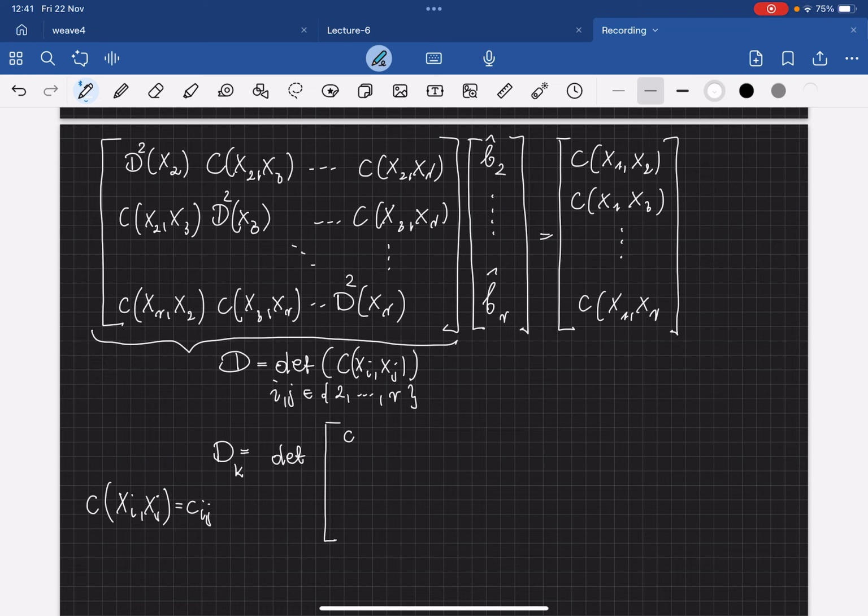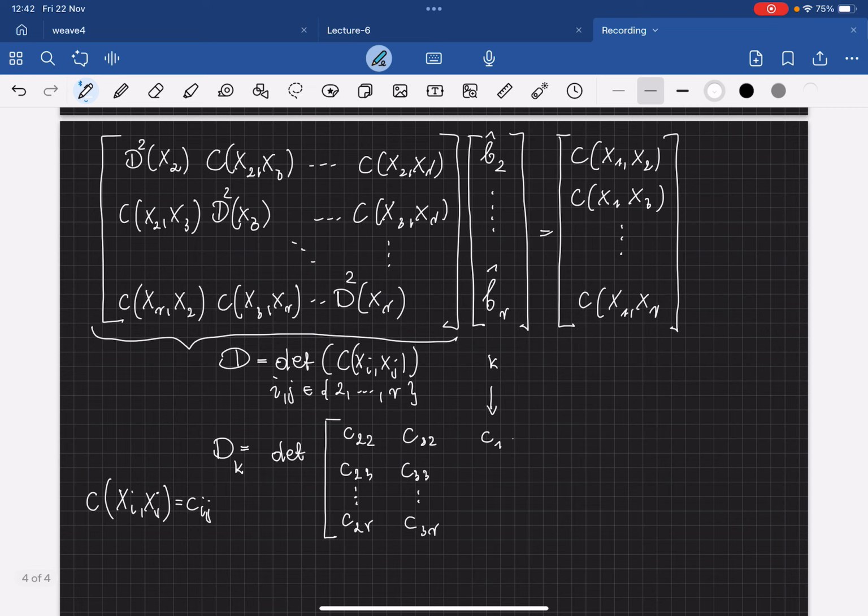So here is C22, C23 up to C2R, then C32, C33 up to C3R, and then at some level K there will be, instead of Ck2, C12, C13, up to C1R.